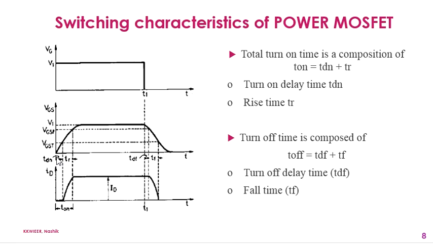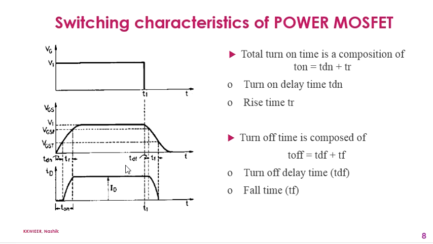The total TDN, that is the turn on delay time, plus TR, that is the rise time, together is known as the turn on time. So ID requires the turn on time, which is a combination of the turn on delay time and rise time of this VGS, gate to source voltage.